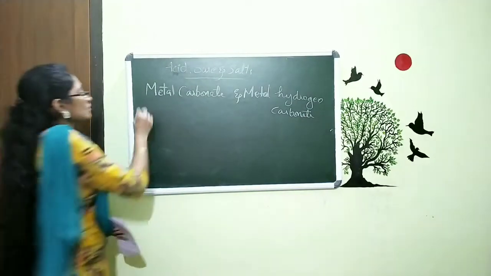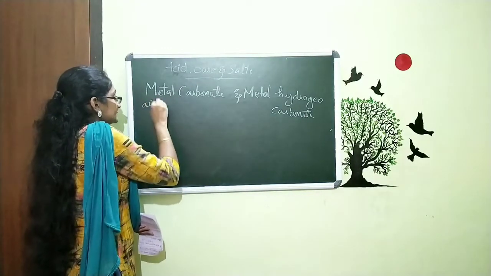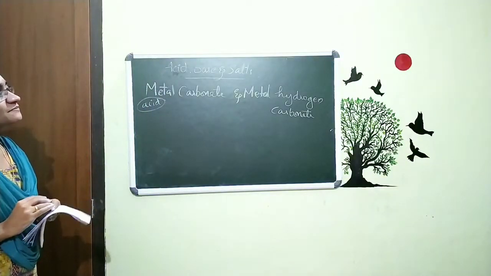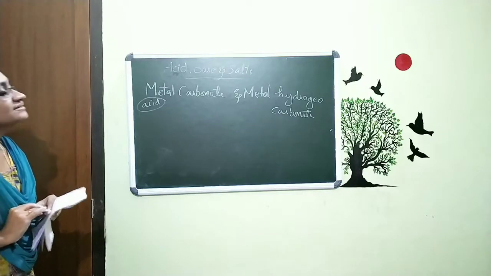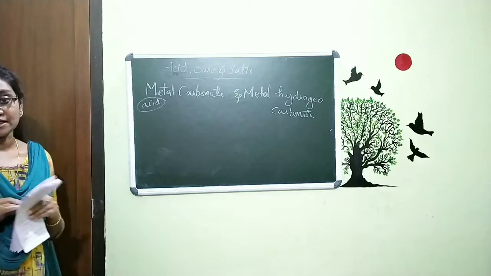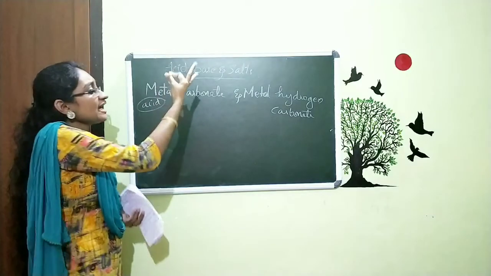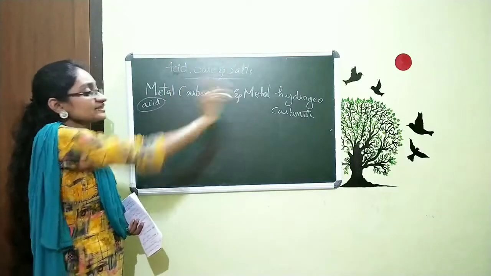We are talking about the reaction with the acid. So, first question is, what is this metal carbonate and this metal hydrogen carbonate? These are two types of compounds, metal carbonate and metal hydrogen carbonate.